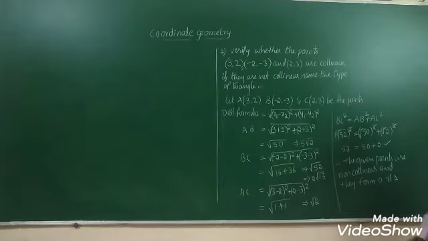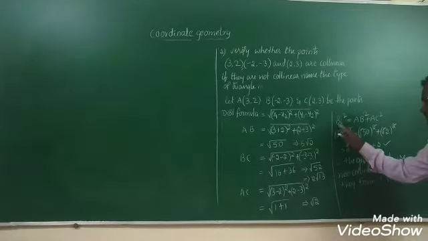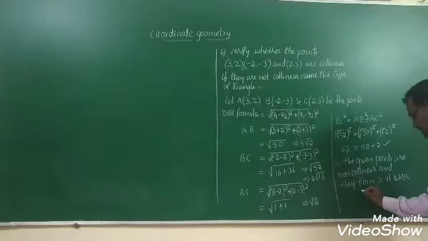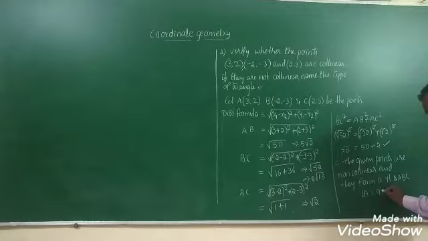And what is the name of the triangle? Right triangle ABC, where the hypotenuse is BC. The right angle is at the letter other than these two letters, which is A. Therefore, angle A is equal to 90 degrees.